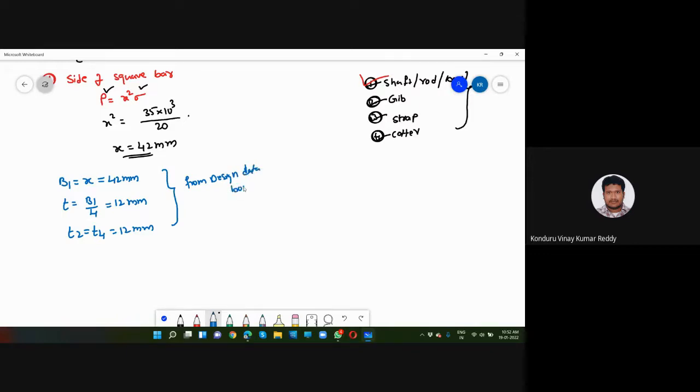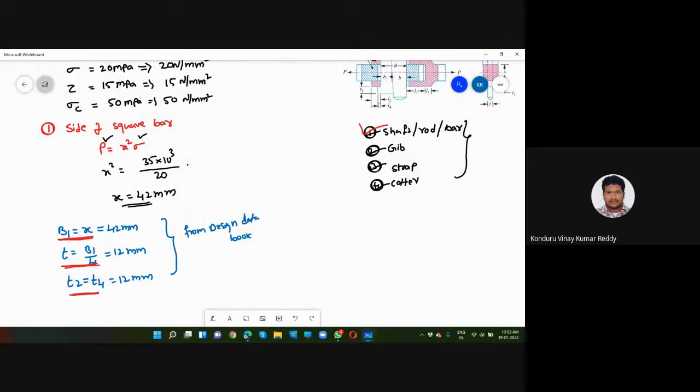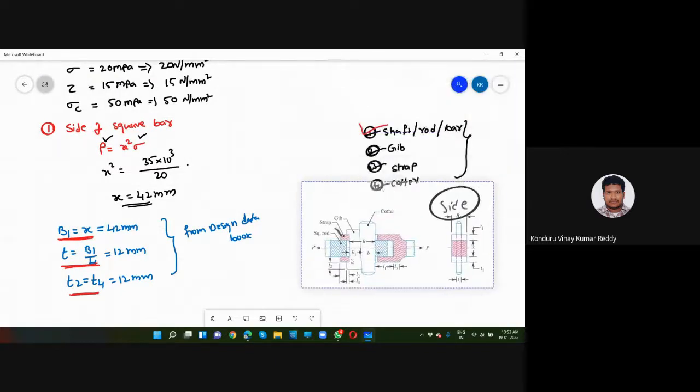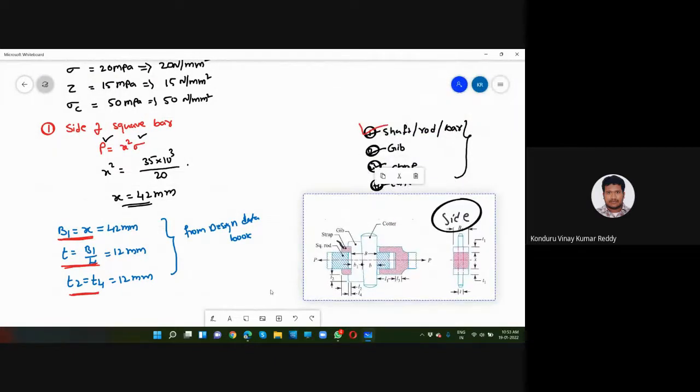But design data book is not being allowed into our examination hall, so these values should be remembered by you. That is b1 is equal to x is the value that you have to remember. t is equal to b1 by 4. t2 is equal to t4 is equal to 12 millimeters. That is what you have to remember.